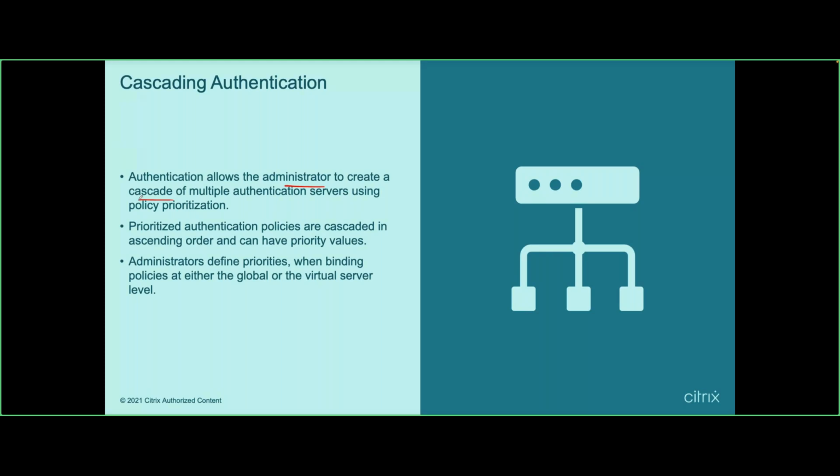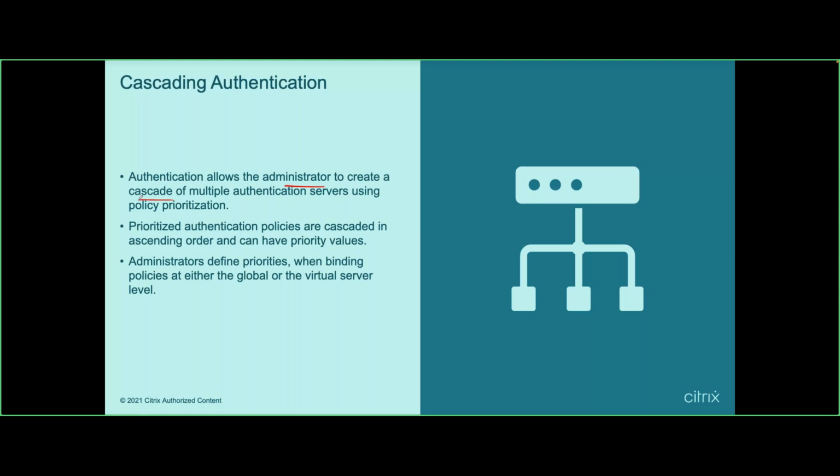And you create policies that are going to validate the user credentials. So what happens during the authentication when the user logs in? The virtual server is checked first, and then the global authentication policy is checked. So once the user logs in, first we check the virtual server, and then we check the global authentication policies.